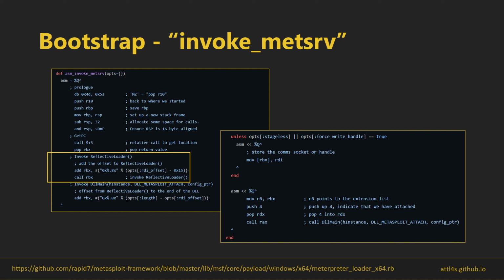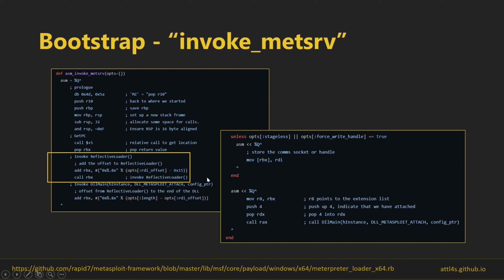This is the bootstrap source code in ASM. I am by no means an ASM expert, but I'm going to try to simplify it so you can understand the main things.